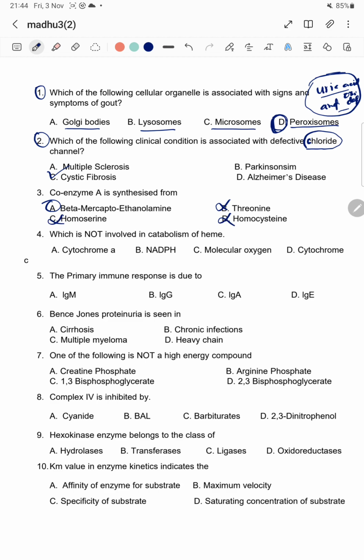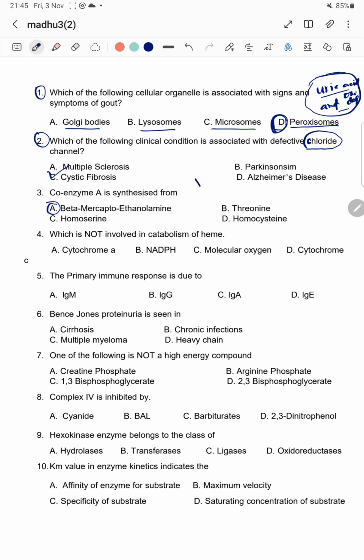Homoserine, they are all incorrect. Beta mercaptoethanolamine is an intermediate of the sulfur containing amino acids cysteine and cystine. So this intermediate gives us coenzyme A. And pantothenic acid is also a source of coenzyme A. Now let me erase all this so that you can easily see the answer only.